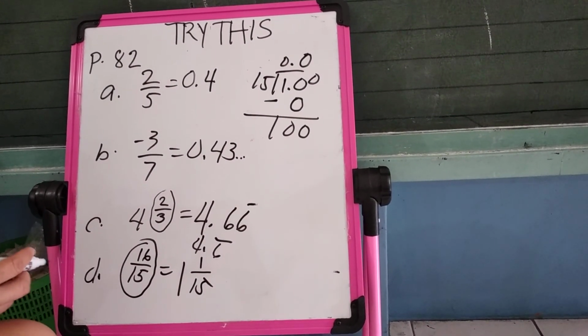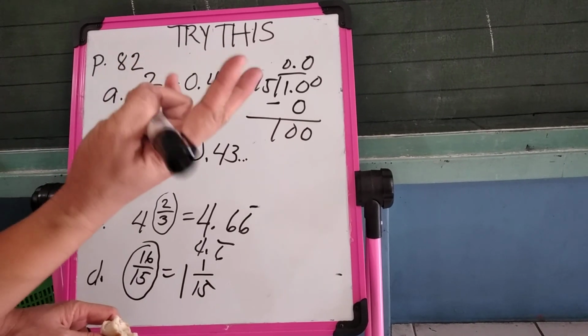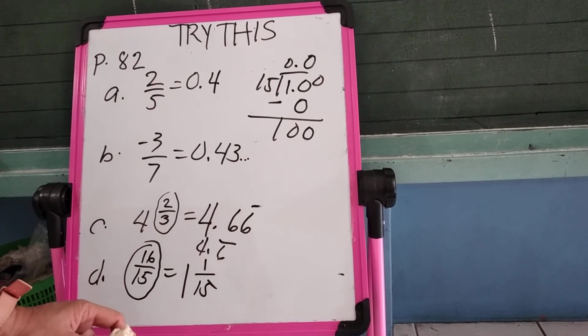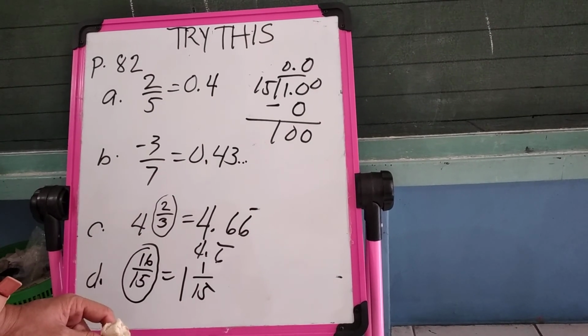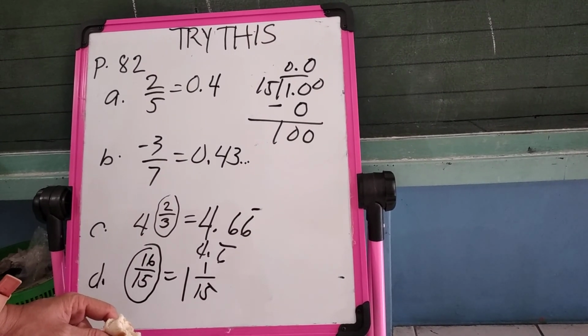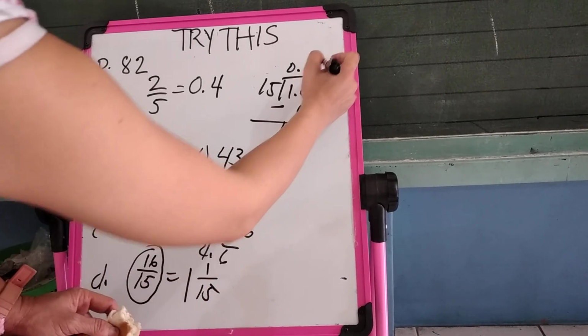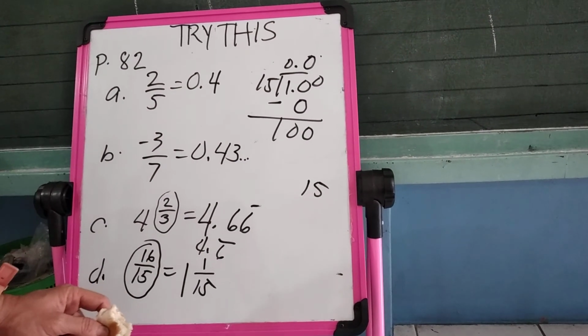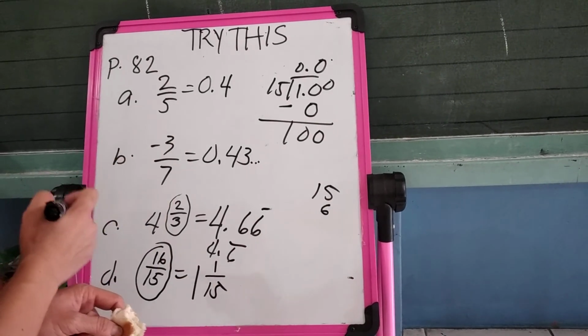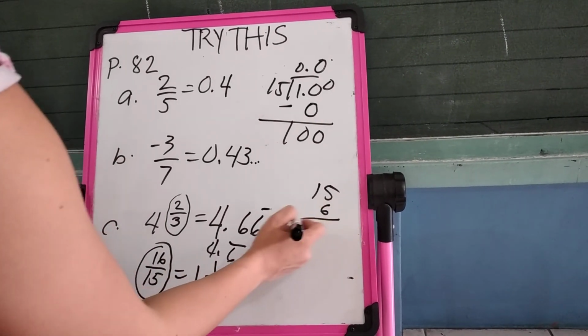Okay? Can you guess? Because 2 times 15 will give you 30. So 3 times 15 will give you 45. Or let's check 6. 15 times 6 will give you 90.